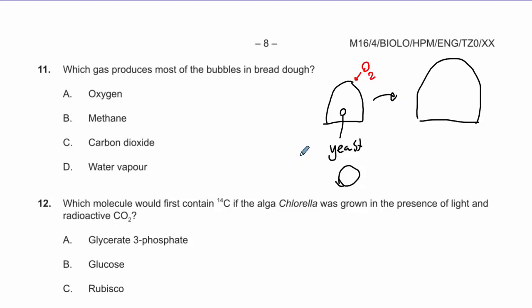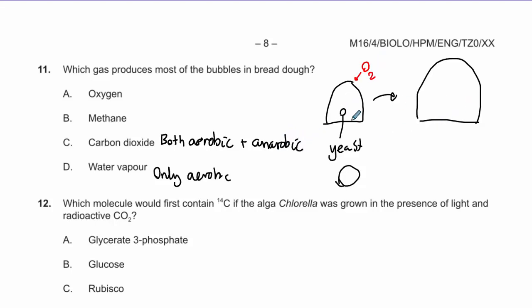So water vapor is only made during aerobic respiration. Only aerobic, but carbon dioxide is made during both aerobic plus anaerobic.